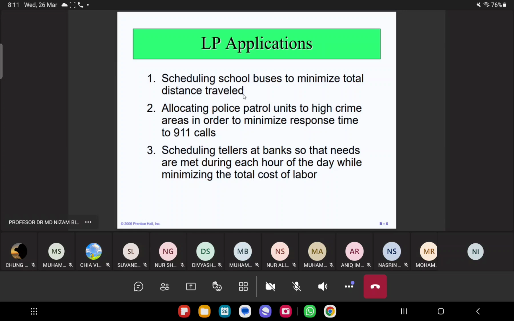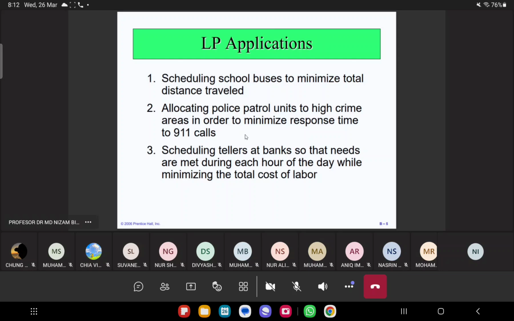The second example is allocating police patrol units to high crime areas in order to minimize response time. So the objective is to minimize the response time, meaning that if somebody calls 911, you can attend to that call in the minimum amount of time.